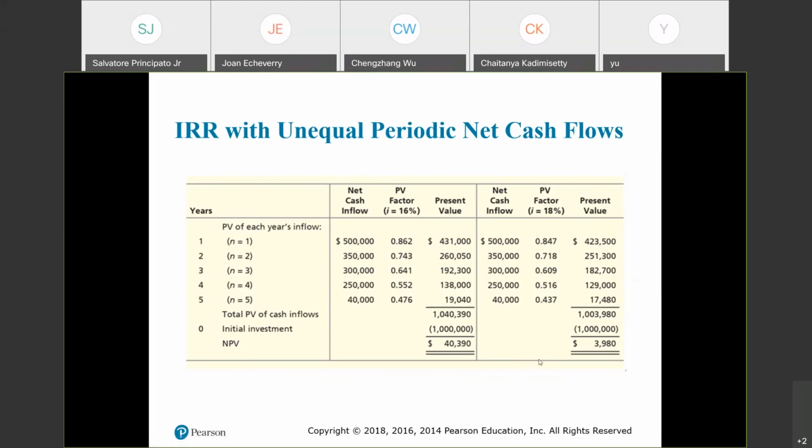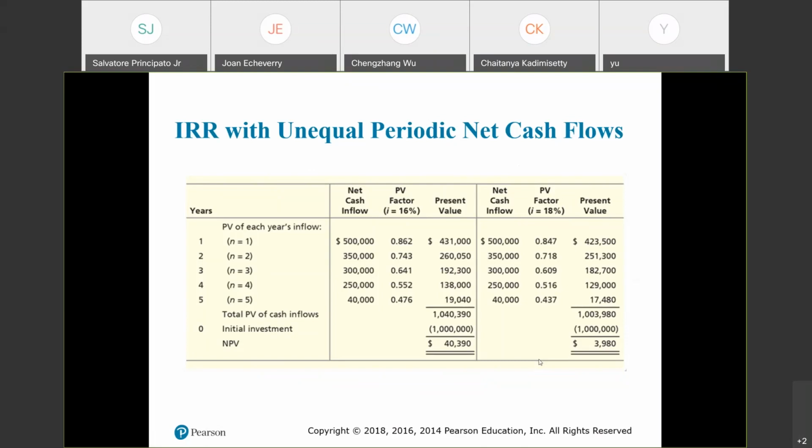If you recall from the NPV calculation, the desktop project NPV using a 14% discount rate is 78,910.